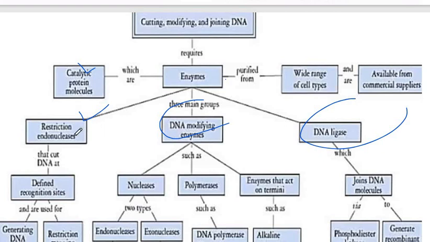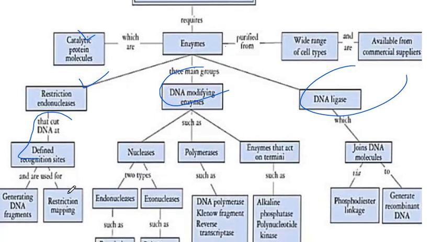Restriction endonucleases cut DNA at defined recognition sites, DNA modifying enzymes include nucleases and polymerases, and ligases join DNA molecules via phosphodiester linkage to generate recombinant DNA.